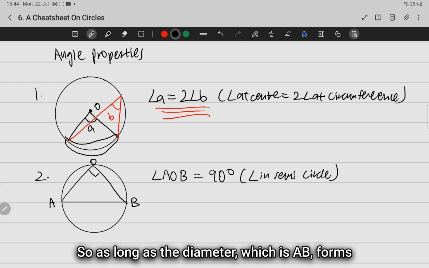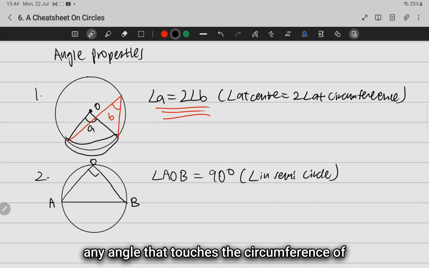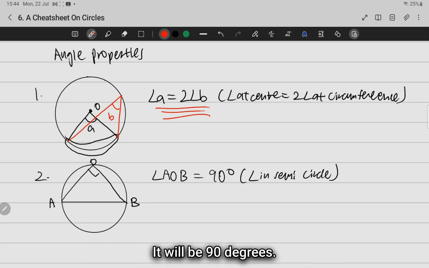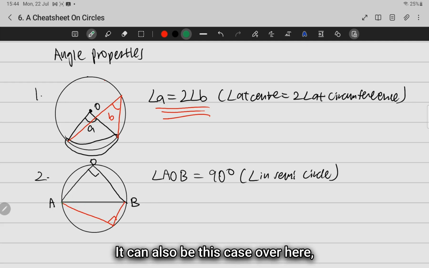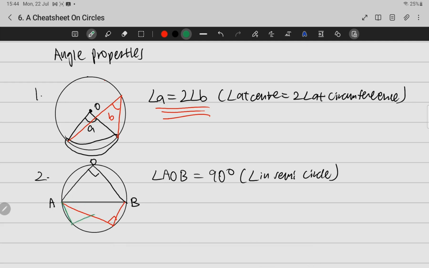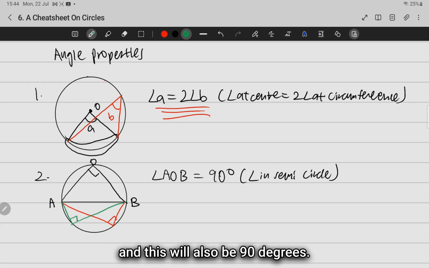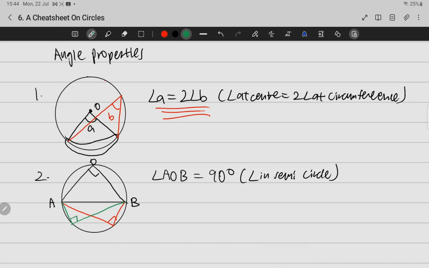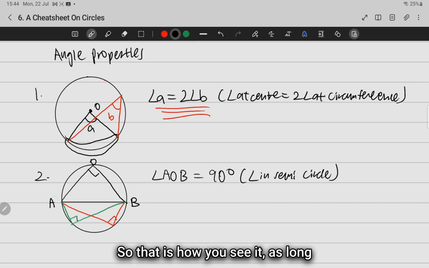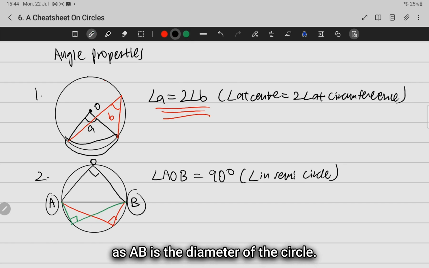So as long as the diameter, which is AB, forms any angle that touches the circumference of the circle, it will be 90 degrees. So it can even be in this case where it's here, right? This will also be 90 degrees. It can also be this case over here, and this will also be 90 degrees. So that is how you see it, as long as AB is the diameter of the circle.